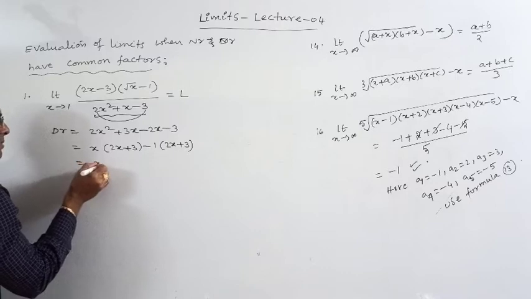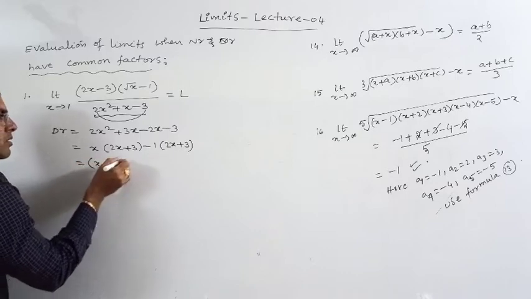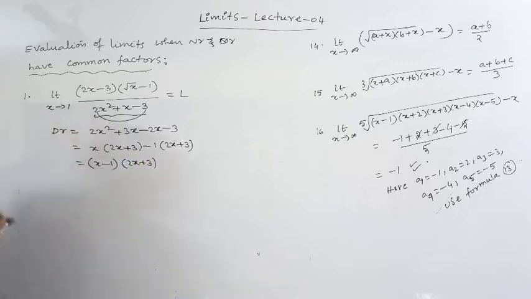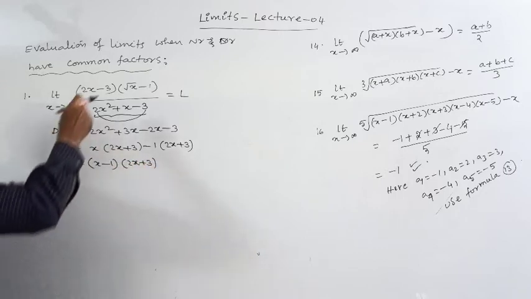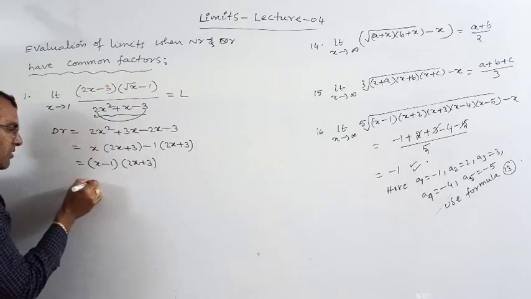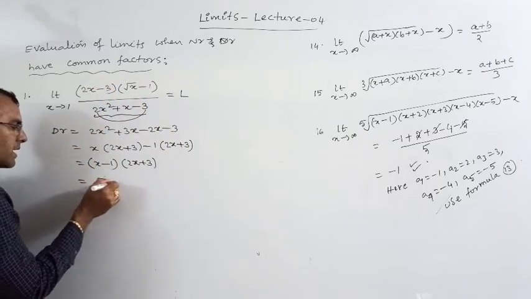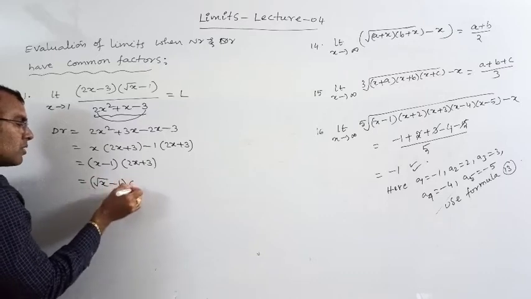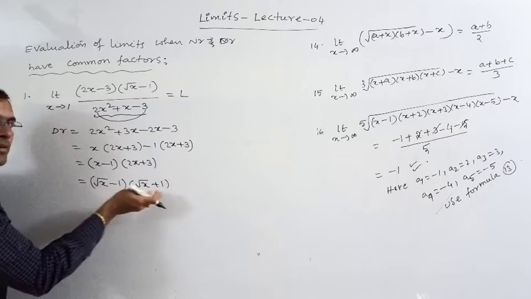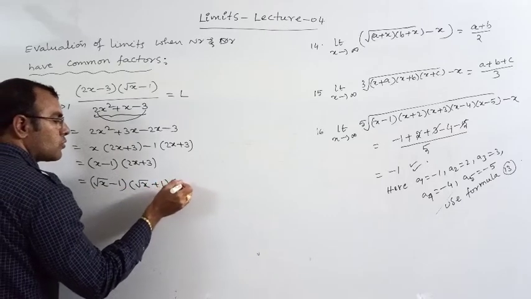So then (x minus 1) into (2x plus 3). Here I have root x minus 1. So this x minus 1 I can write as (root x minus 1) into (root x plus 1), like (a minus b) into (a plus b), into (2x plus 3).